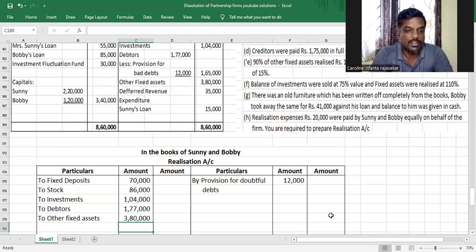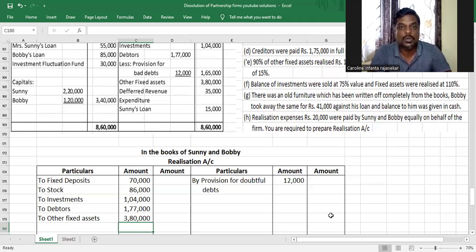And then we have deferred revenue expenditure. Deferred revenue expenditure is an accumulated loss, like profit and loss account debit balance, miscellaneous expenditure, advertisement suspense expenditure. All of them are accumulated losses. They are not transferred to the realization account, my dear children. So don't transfer them to realization account. Sunny's loan is a loan to partner.